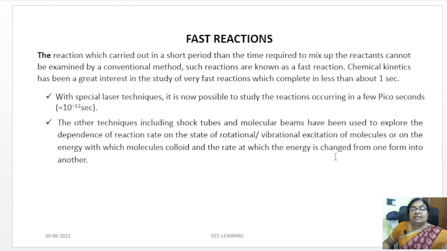Other techniques, including the shock tube method and the molecular beam, have been used to explore the dependence of the reaction rate on the state of rotational or vibrational excitation of the molecules, or on the energy with which molecules collide, and the rate at which energy is changed from one form to another.